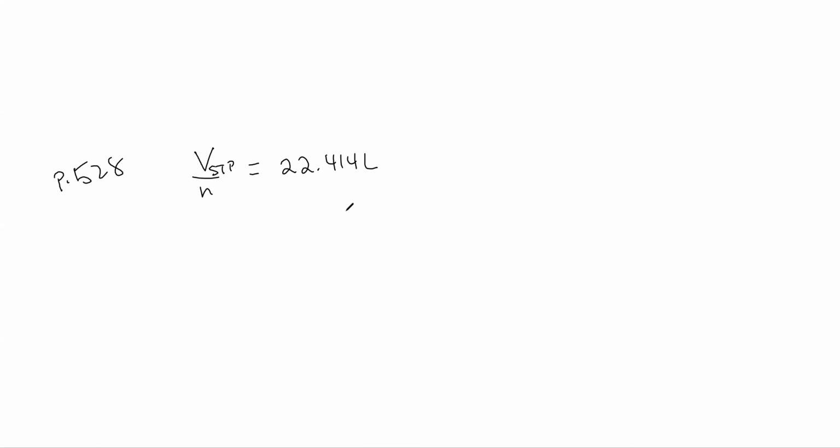The way to do it is pretty straightforward. Again, they use PV = nRT and define the volume using 1 mole to calculate the molar volume here. So V = nRT over P.